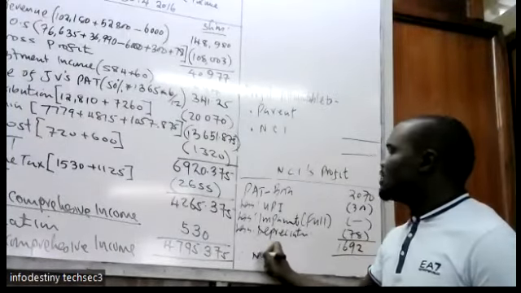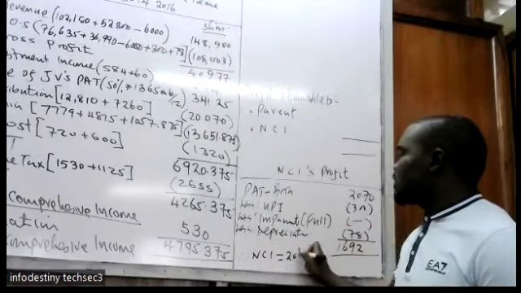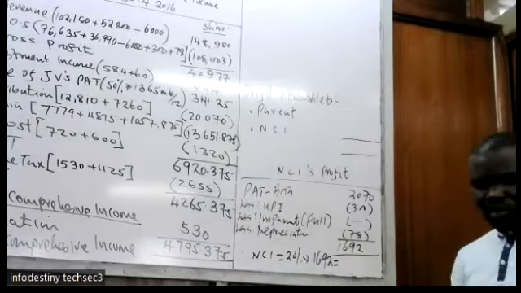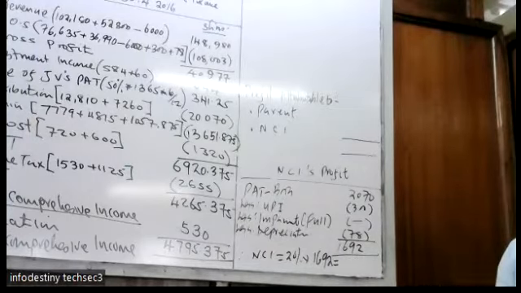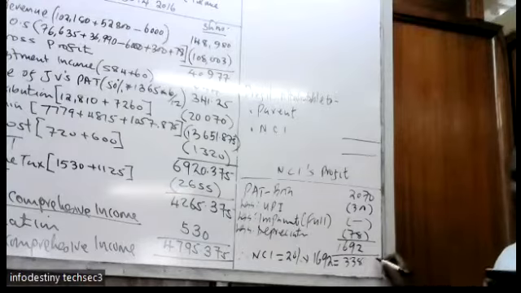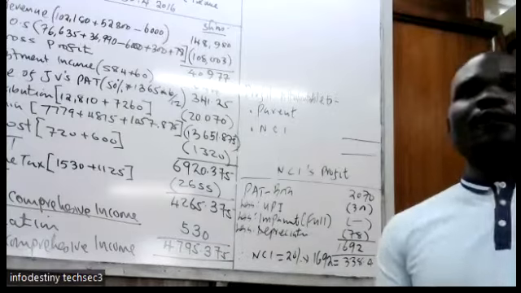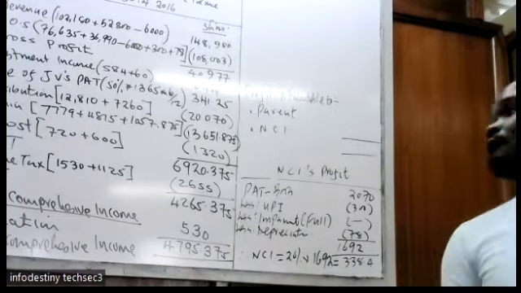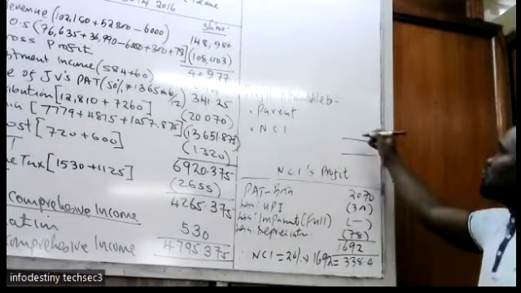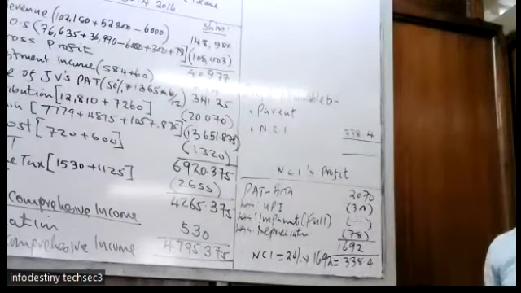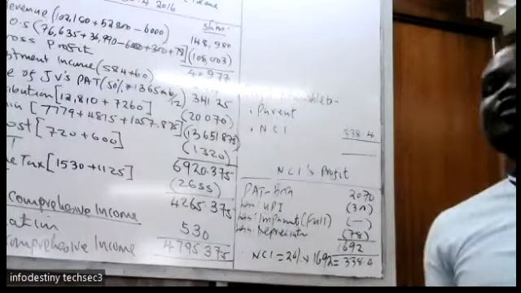Therefore, NCI will take 20%. 20% of 1692, I'm getting 338.4. So minority goes with 338.4.